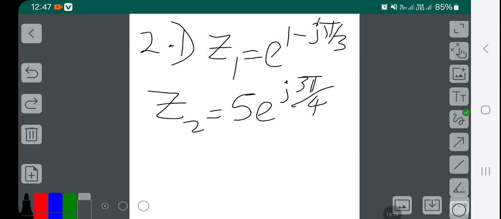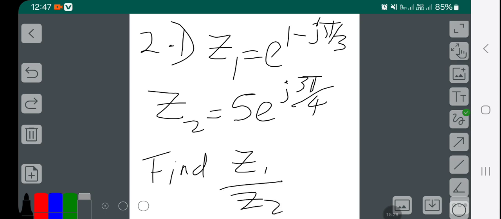So the question is saying, find z1 over z2 first. Then after finding z1 over z2, give the answer in polar form. So our first step is to find z1 over z2 using the exponential forms which are given.